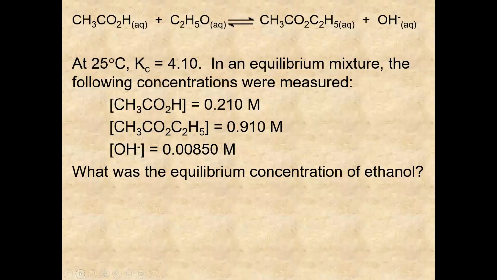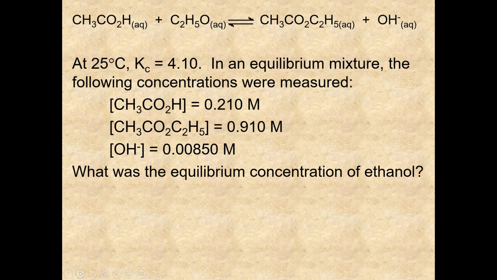All right, so let's look at this one. It says at 25 degrees Celsius, our K value is 4.10. In an equilibrium mixture, the following concentrations were measured. The CH3CO2H is 0.21 molar. CH3CO2C2H5 is 0.910 molar.